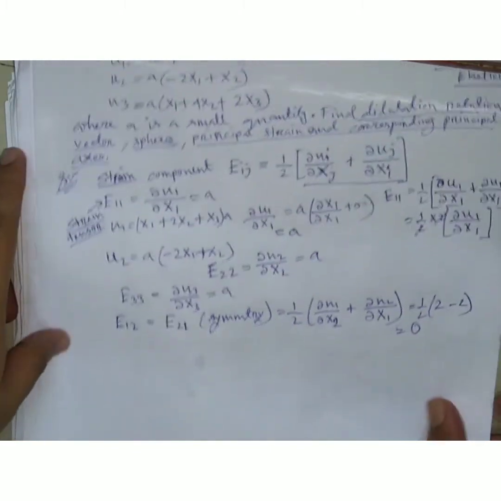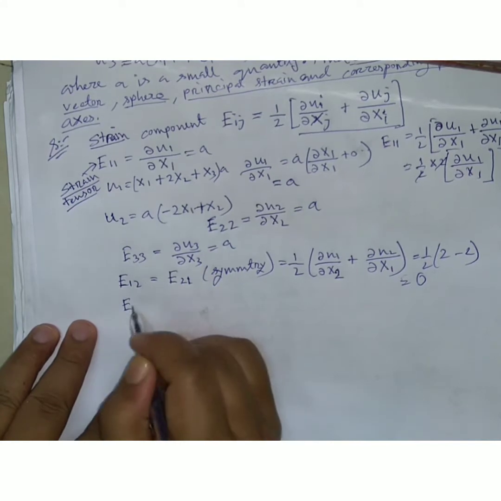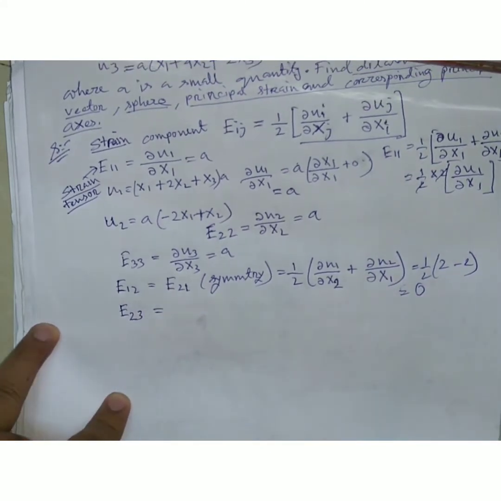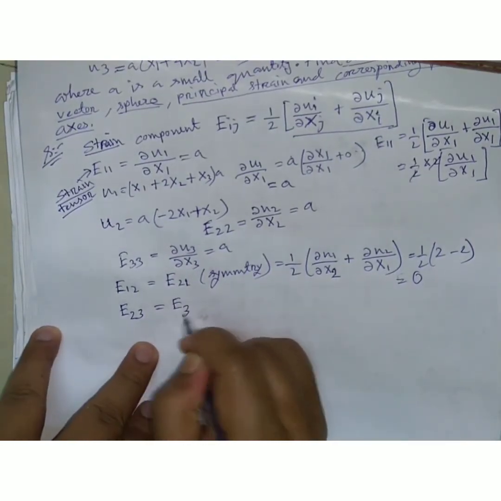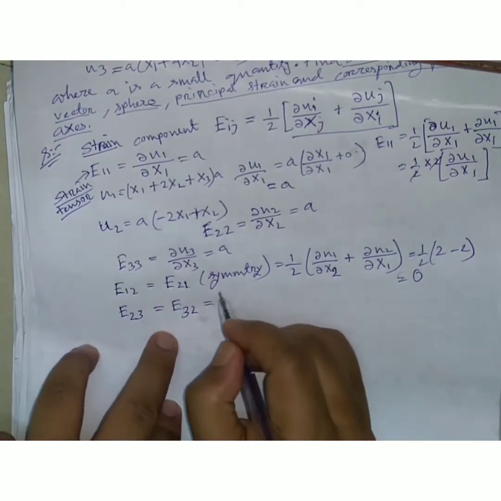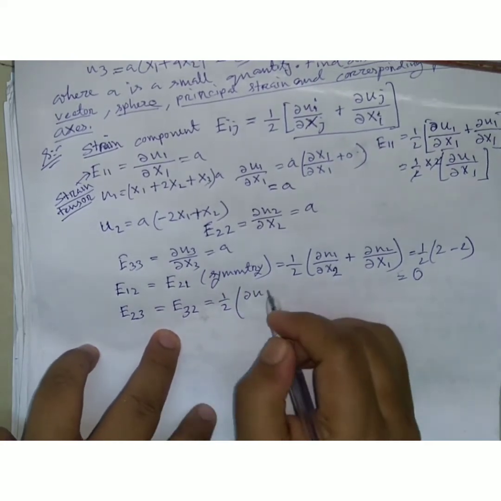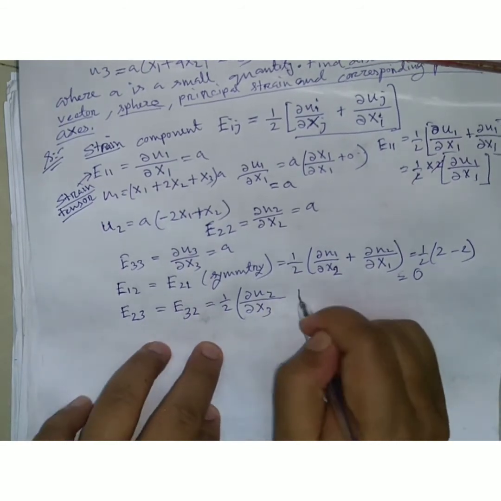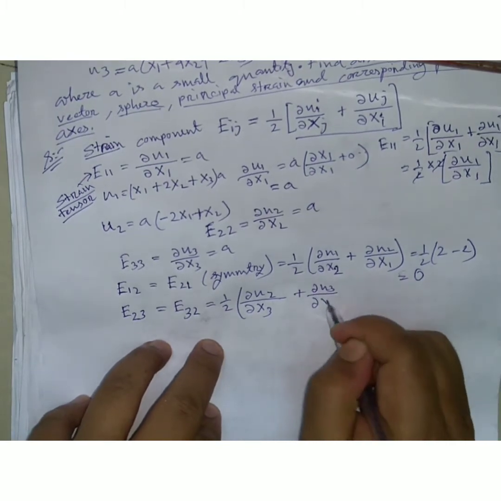Another one: E23 is equal to E32. This is also symmetric, and this is half into del u2 divided by del x3 plus del u3 divided by del x2.